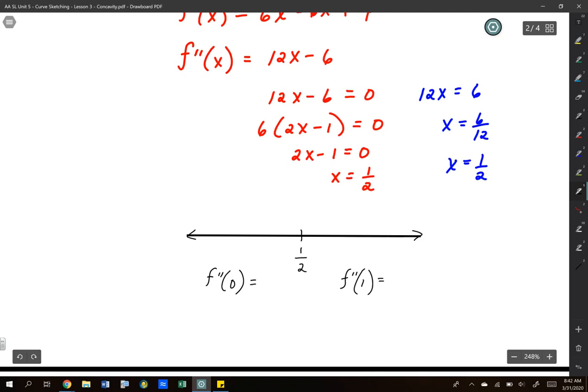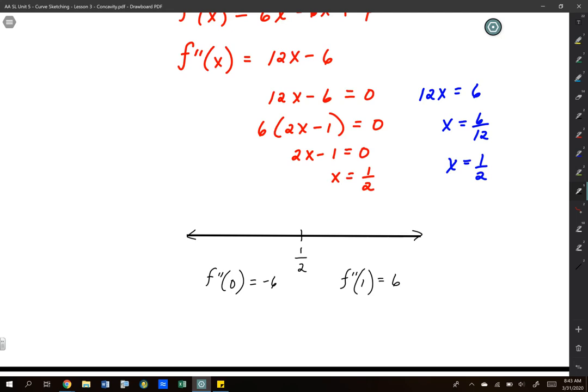If I put 0 into my second derivative, 12 times 0 is 0, I get negative 6. And if I were to put 1 into my second derivative, 12 times 1 minus 6, I'm going to get 6. So again, we're just going to be concerned with the sign of the value that we get when we use the test.